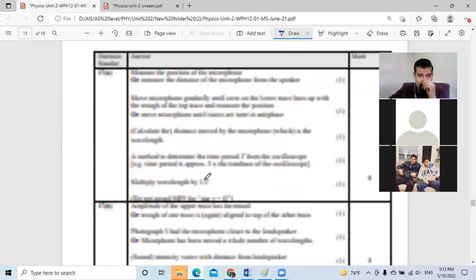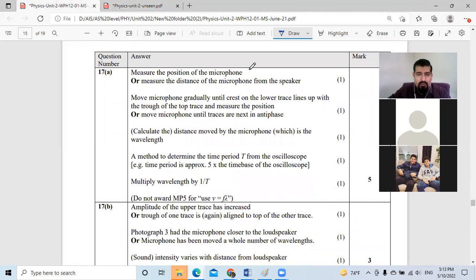So if we go back to the mark scheme and look here, what do we have? Measure the distance of the microphone from the speaker. Move the microphone gradually until the crest, or peak, is aligned again with the same position, until the traces are the same, antiphase again. This distance moved by the microphone is the wavelength. Then we have to tell them how we can find the period, for example, the time is approximately 5x.